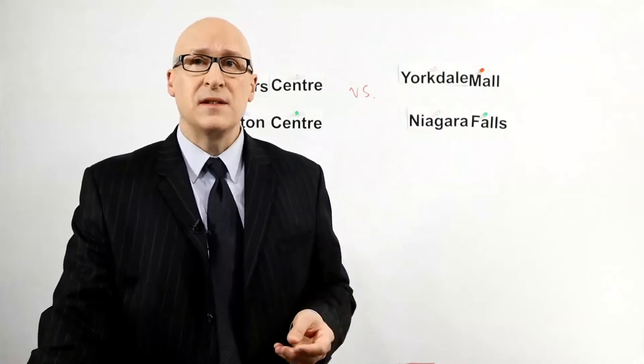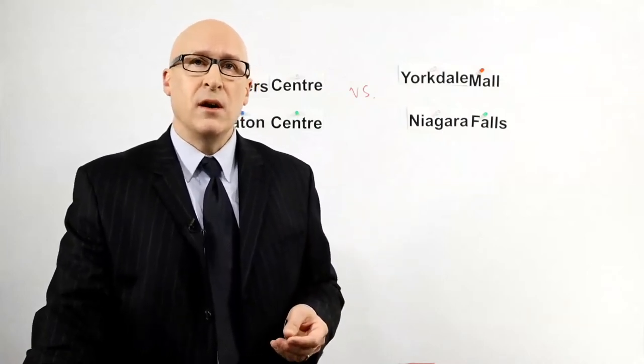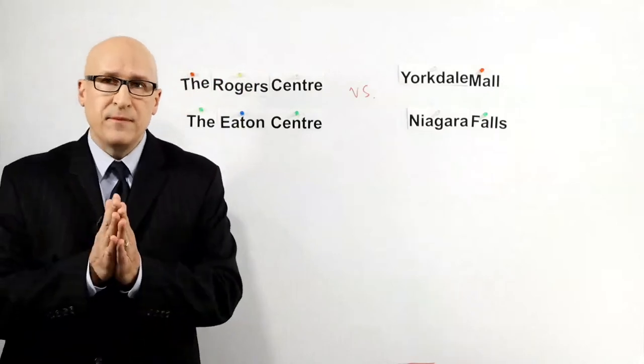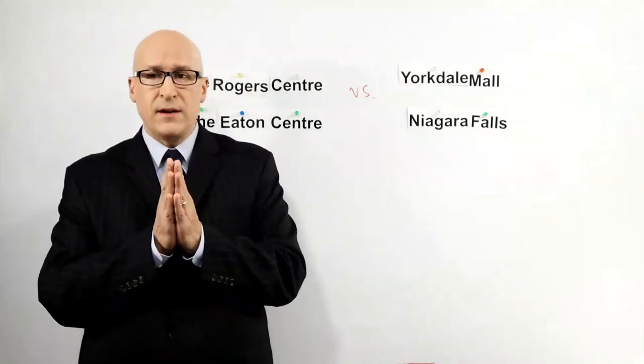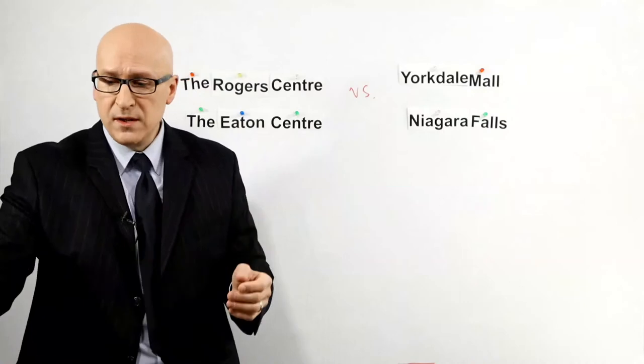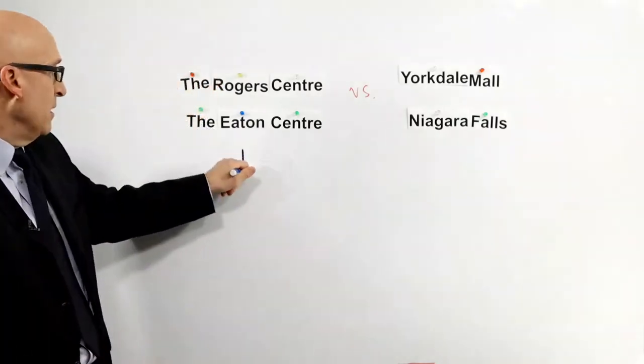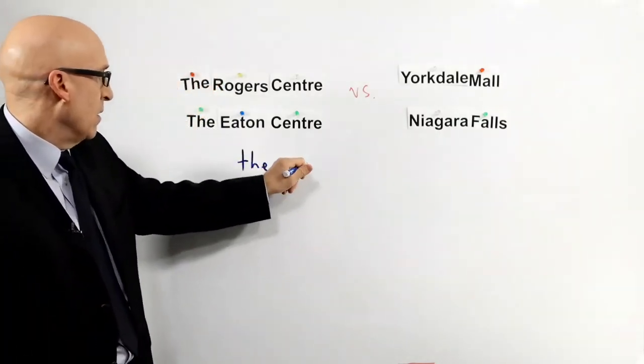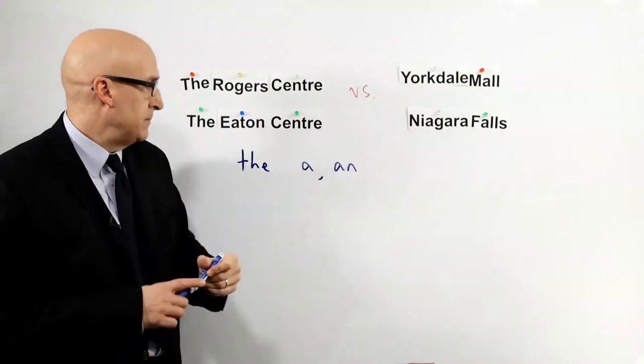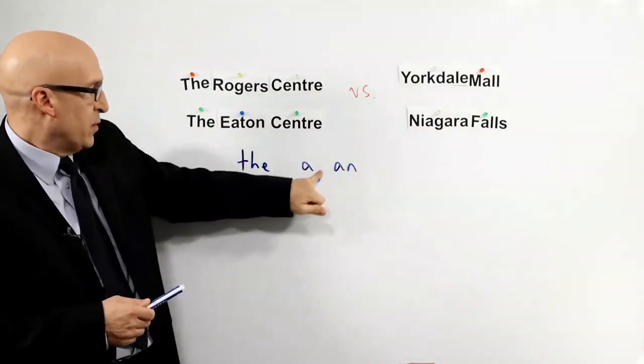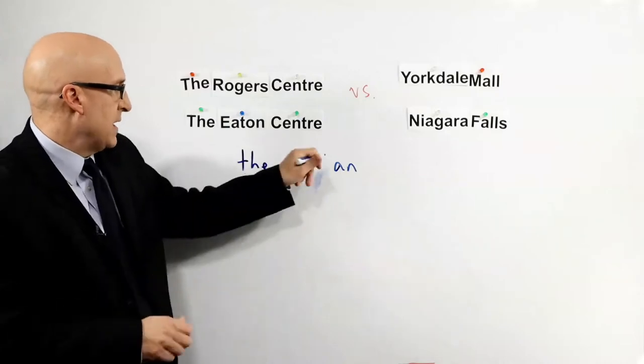Okay, we're talking about articles or determiners. Determiner is the larger class. But to understand articles, I want to bring up a little chart that will help us. First of all, what is an article? Well, it's either the or a or an. These are pretty similar, so let's put a slash.